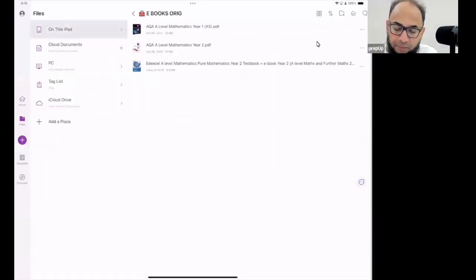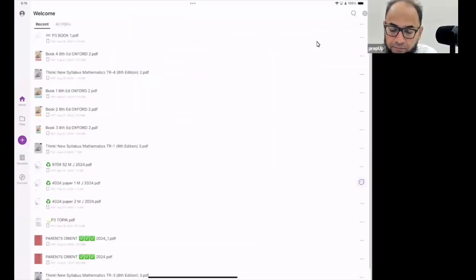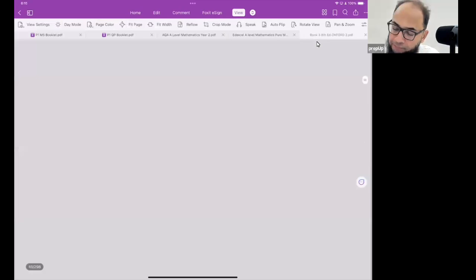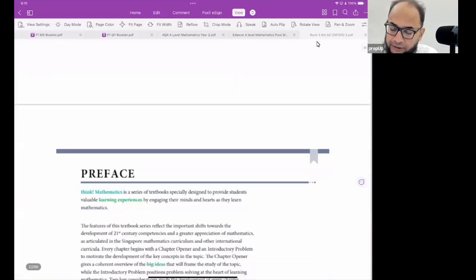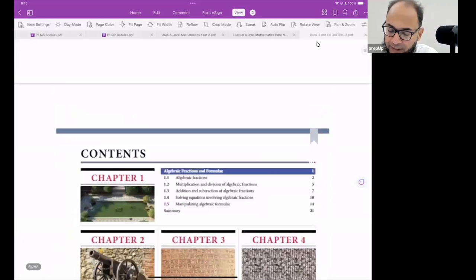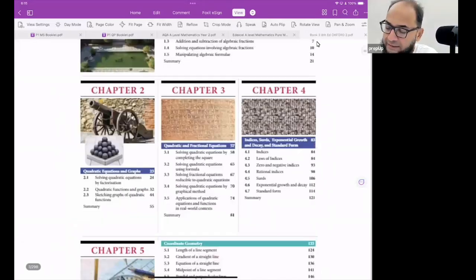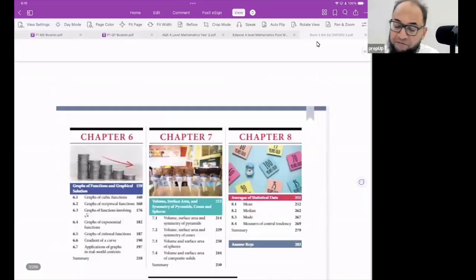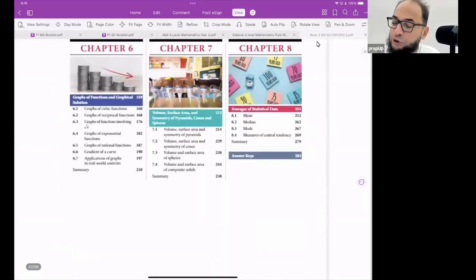The new edition book that you people have, maybe it's going to be book 3 or book 4. So these new syllabus books that you're seeing right over here will be dealing with these things, that is the exponential growth, the graphic function, the rational functions, and so on.